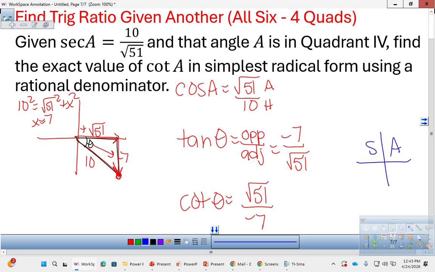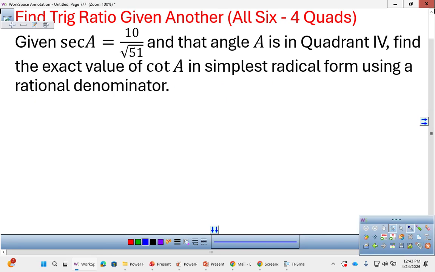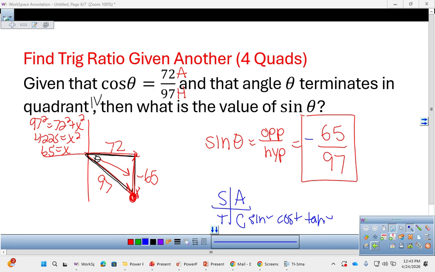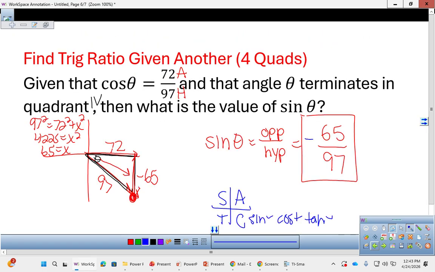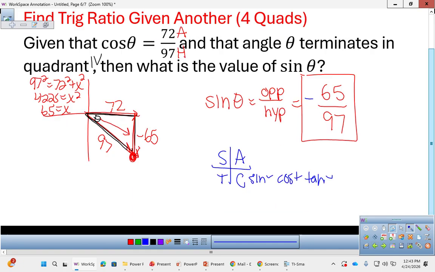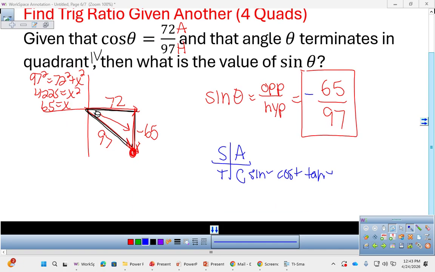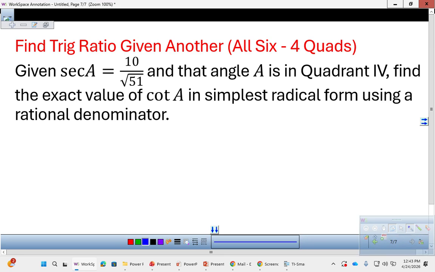All students take calc. If I am in quadrant 4, then I know that sine is negative, cosine is positive, and tangent is negative.